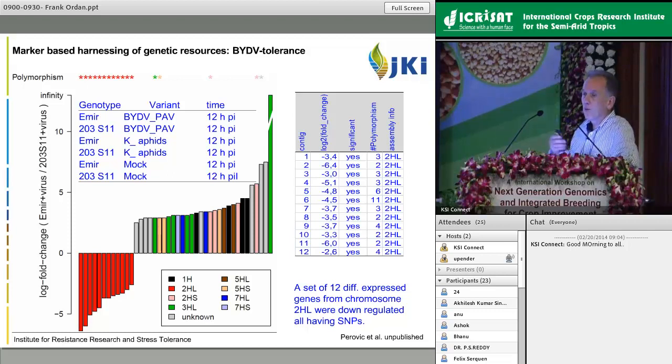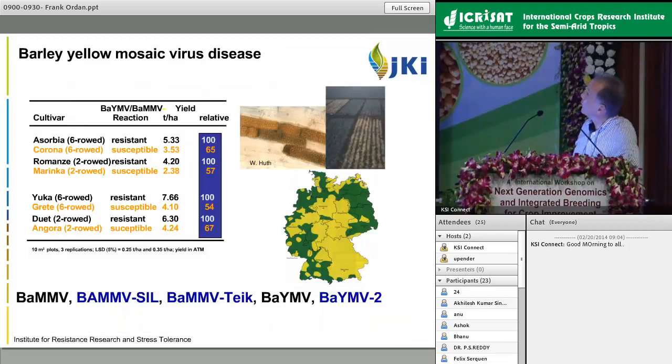these techniques, and I will do this with respect to barley mild mosaic virus and barley yellow mosaic virus, and therefore just a short introduction into barley yellow mosaic virus disease. Barley mild mosaic virus and barley yellow mosaic virus was first detected in Japan in the 1940s, and in Europe it was first found in 1978 in Germany.